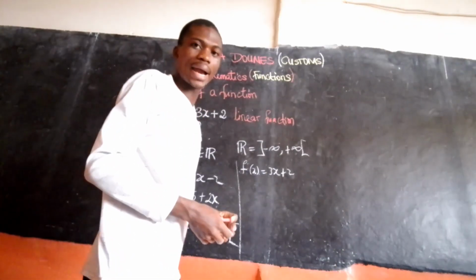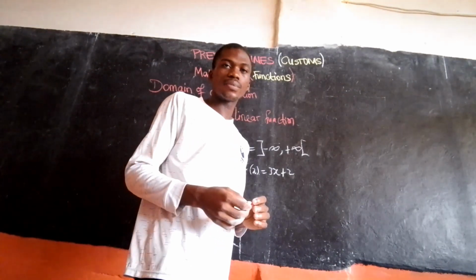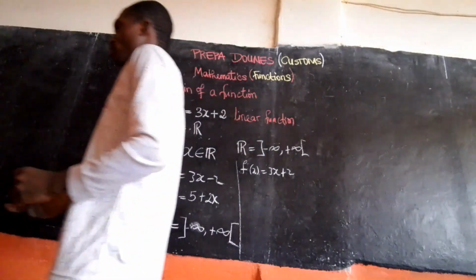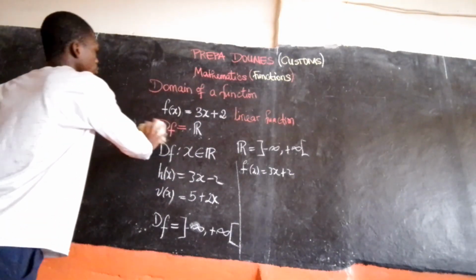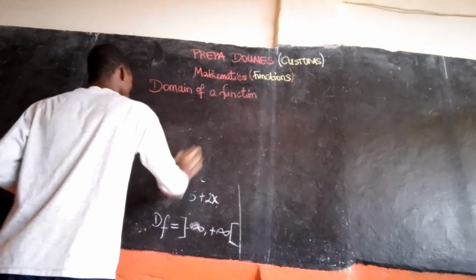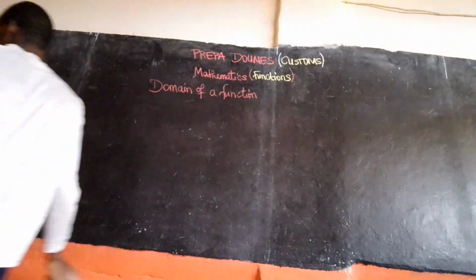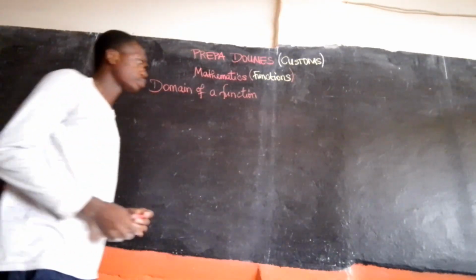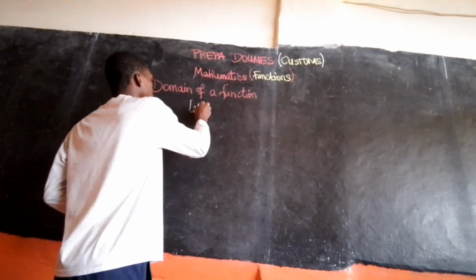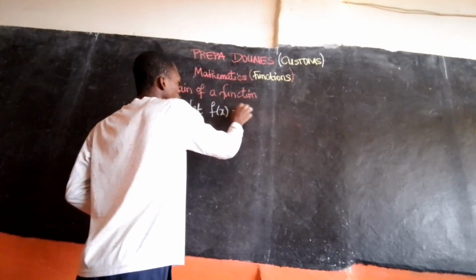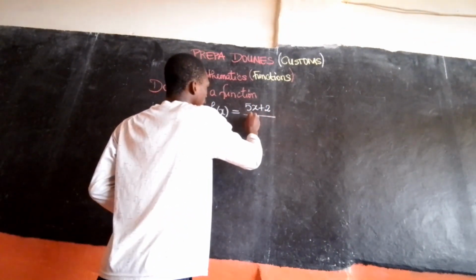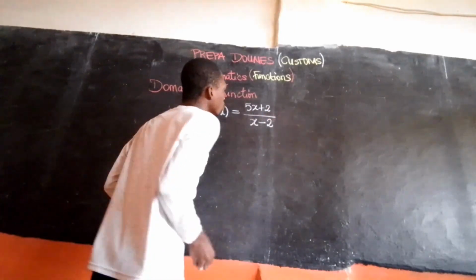Now, we are also going to look at the domain of a rational function. Now let us consider, let f of x be a function like 5x plus 2 over x minus 2.